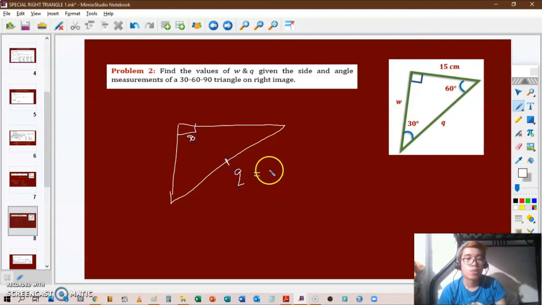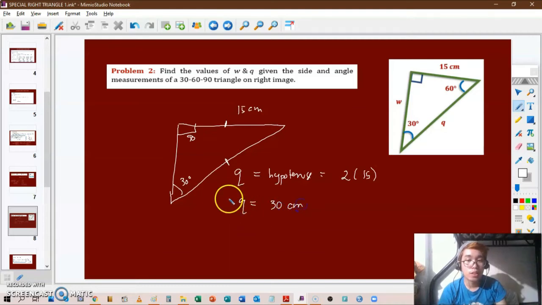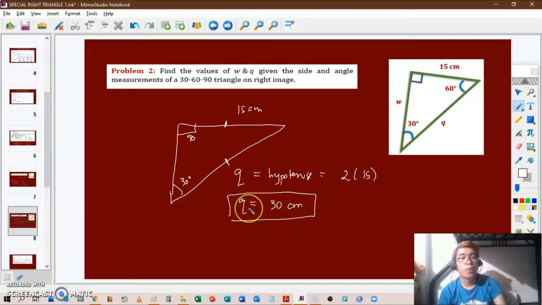The hypotenuse is equal to Q, and therefore its measurement must be 2 times 15, since the shortest side, opposite the 30 degrees, is equal to 15 centimeters. So the hypotenuse will give you 30 centimeters.